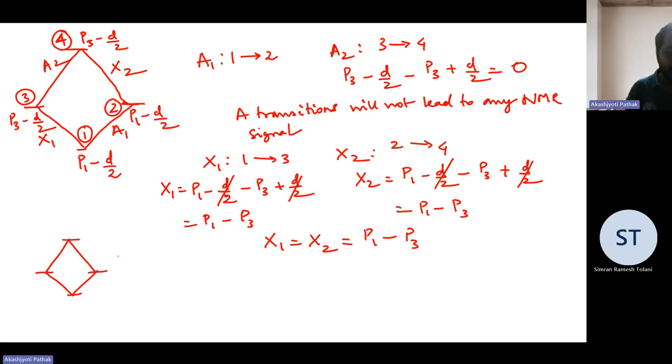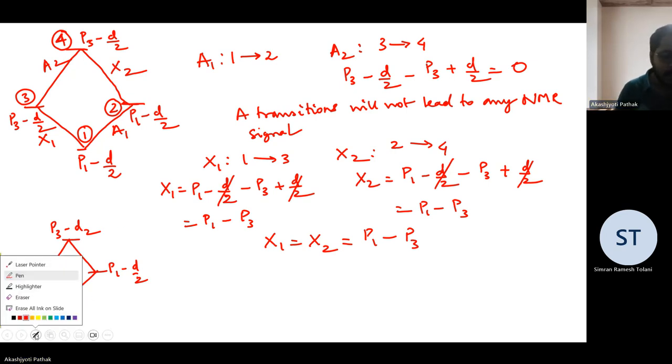So the population was, this was P1. This one was P1 minus D by 2. This was P3. And this was P3 minus D by 2. Equilibrium means when the saturating RF pulse was not applied.